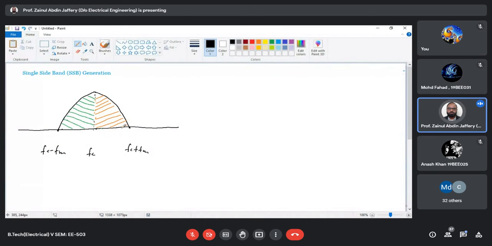Okay. So here you have, this is your upper sideband, and this is your lower sideband. ठीक है. And what is SSB? SSB क्या है?